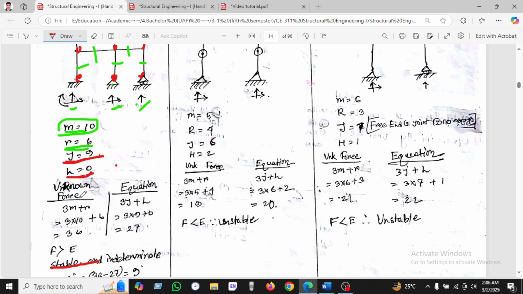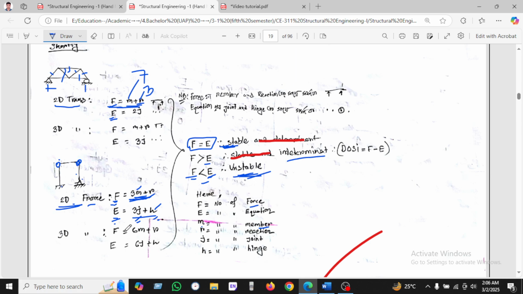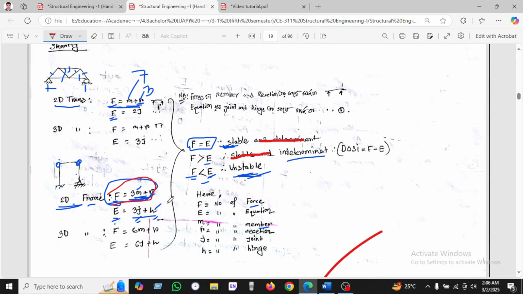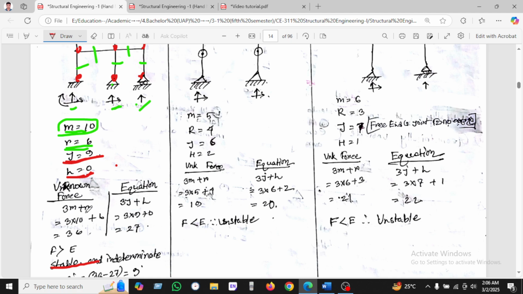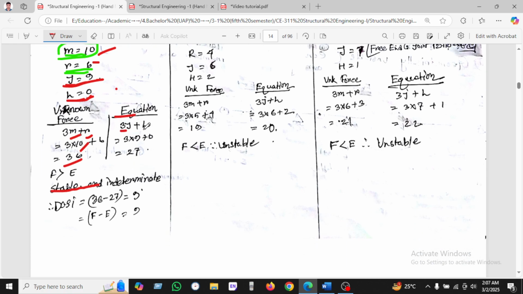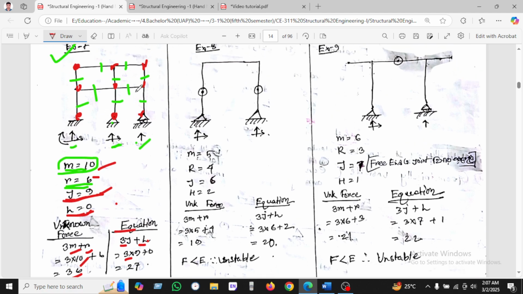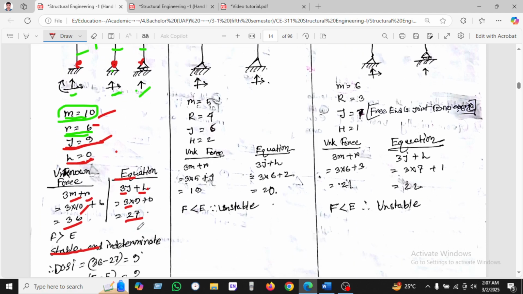Now we will calculate the number of unknown forces using this formula, 3m plus r. 3m is 3 times 10, and r is 6, so we found 36. For equations we use 3j plus h, and j is 9, plus hinge, there is no internal hinge, that's why we found 27.